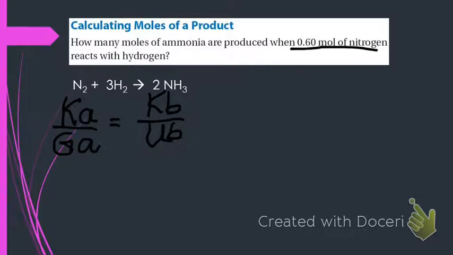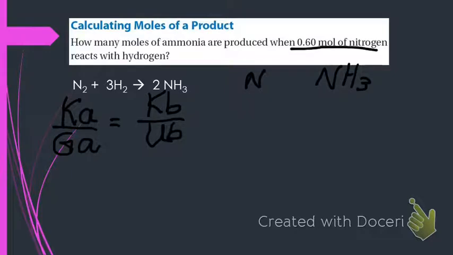For both of our knowns, we're going to take that from our balanced chemical equation. Our nitrogen becomes our A, and our ammonia is our unknown, that's our B.